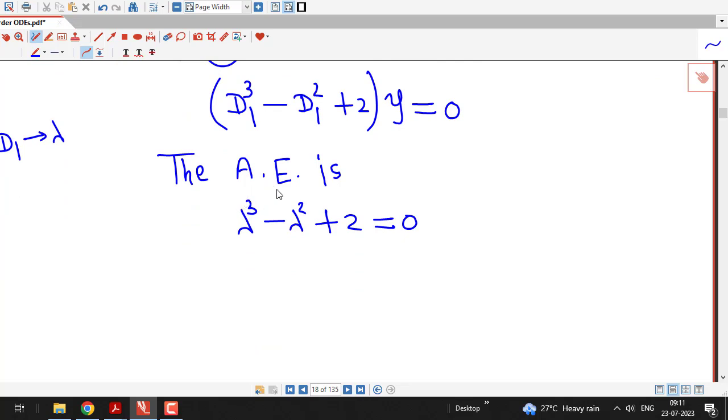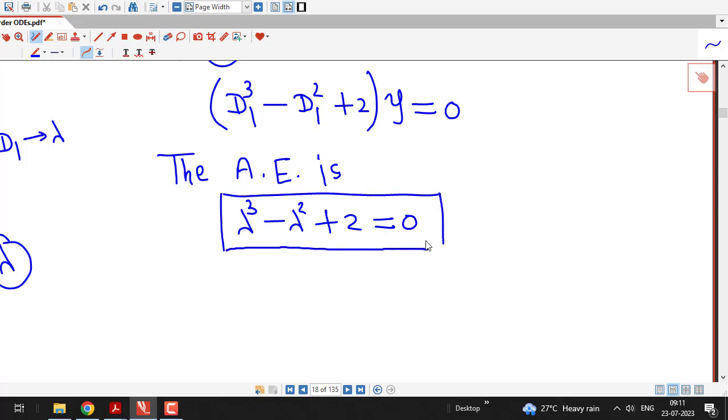Now to solve this auxiliary equation, first we have to obtain one value of lambda which satisfies this equation, and that value is a divisor of the constant term if it is an integer. We know that an integer solution of this type of equation is always a divisor of the constant term. So we can see that the constant term is 2 and the divisors of 2 are plus or minus 1 and plus or minus 2.